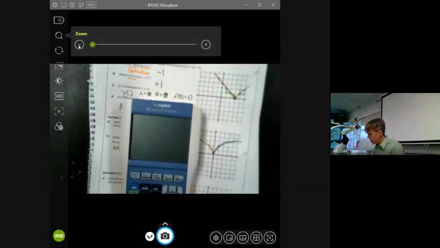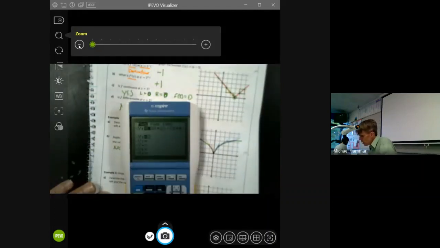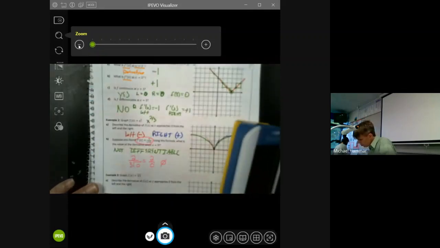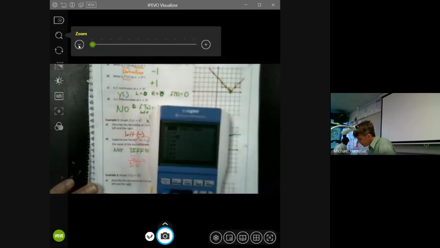So let's take out our calculators and let's graph that just quickly. Ooh, it's cube root, right? Okay, so I'm going to do this a different way. I'm going to clear this. I'm going to do x to the 1/3 power, because if you remember, you can convert roots, cube roots, to fractions, and I'm going to graph it.